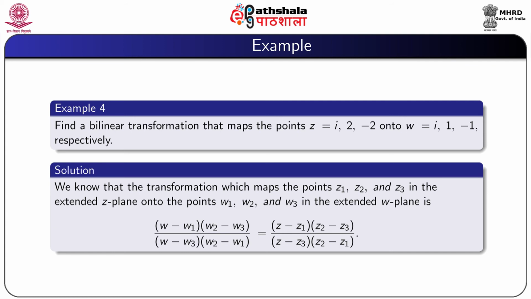Solution: we know that the transformation which maps the points z1, z2 and z3 in the extended z plane onto the points w1, w2 and w3 in the extended w plane is (w minus w1) into (w2 minus w3) by (w minus w3) into (w2 minus w1) equal to (z minus z1) into (z2 minus z3) by (z minus z3) into (z2 minus z1).